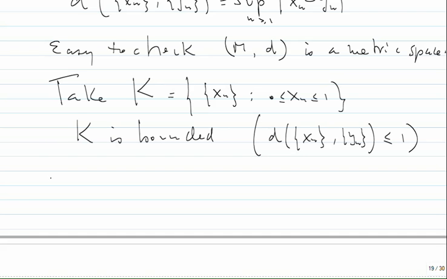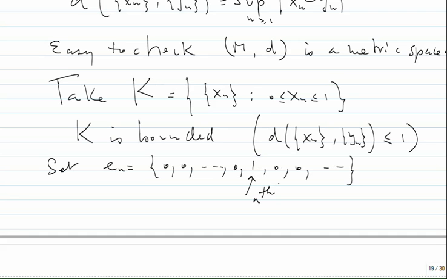Set En to be the sequence 0, 0, 0, 1, 0, 0, etc., where 1 is on the nth term.